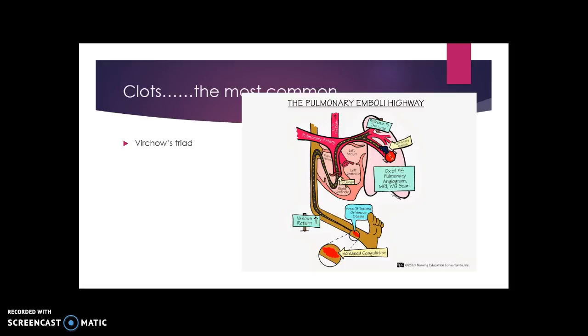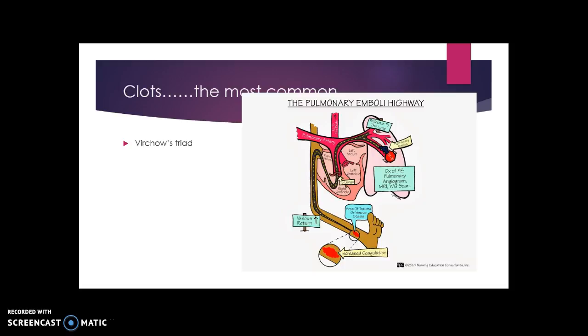This can be a large size embolus. It can be a small. There's a variety of them. Sometimes there's emboli on both sides of the lungs. So there's a lot of varieties in terms of what type of pulmonary emboli can occur and where they can occur. Virchow's triad was part of your pre-assignment.